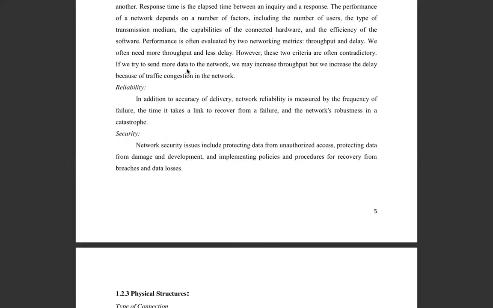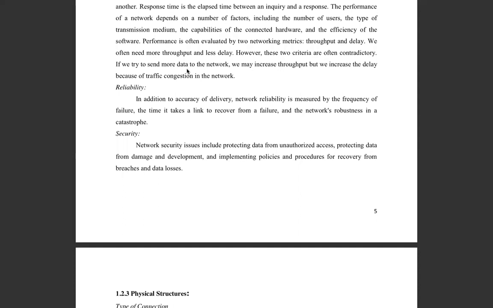Let's take a power outage, and when the lights come back, how long does it take for your network to come back to its normal strength? So reliability can also be measured here by the frequency of failure. How often does your network fail you?